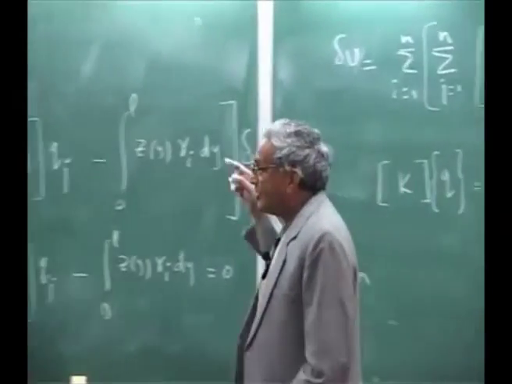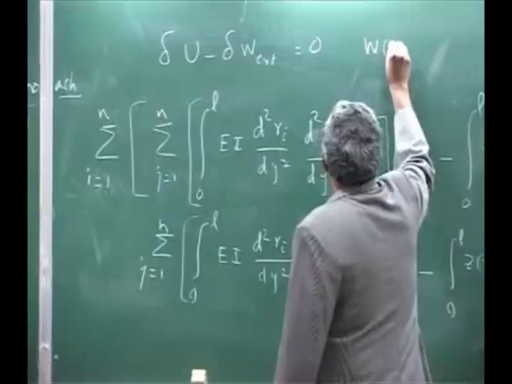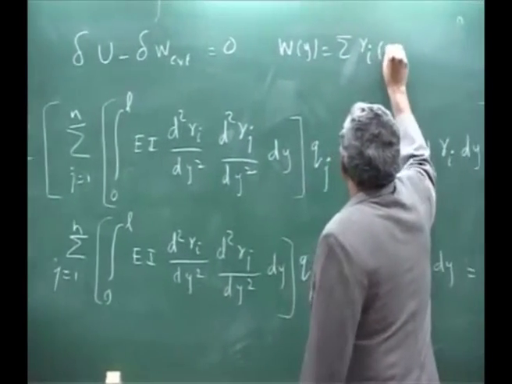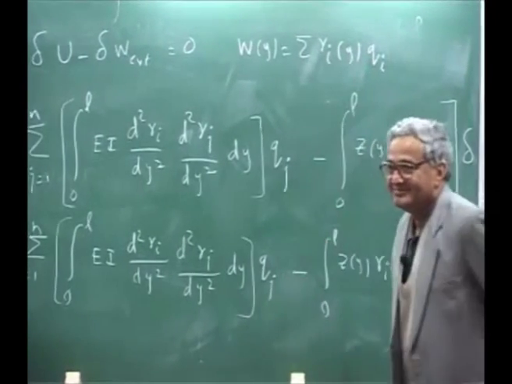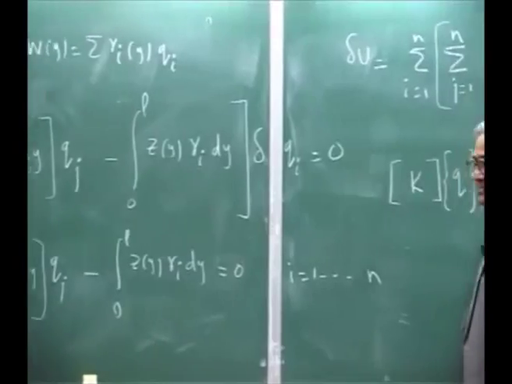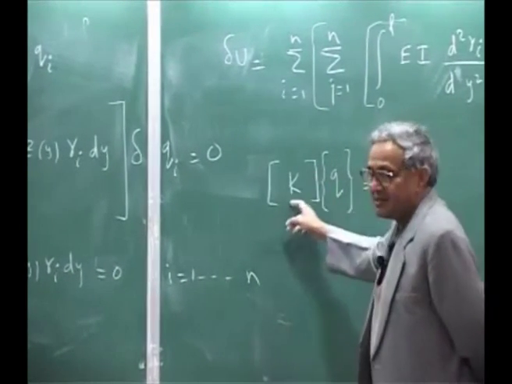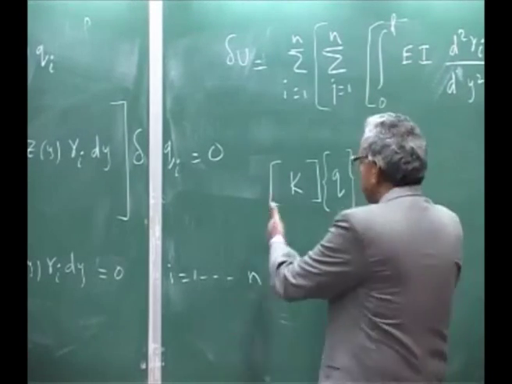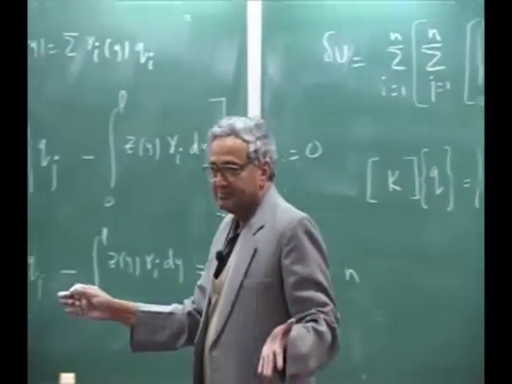After that, I have to go and substitute to get the deformation, which is summation gamma i y q_i. You follow? Now this is just an algebraic equation, and K is symmetric. Now you can obtain the deformation of a beam.